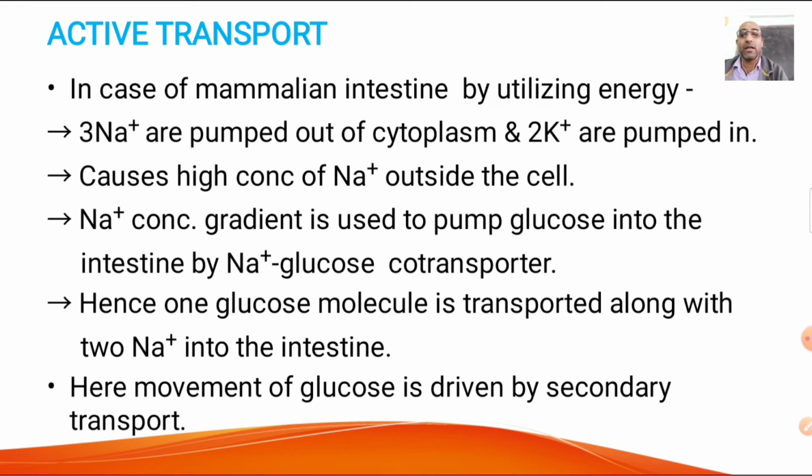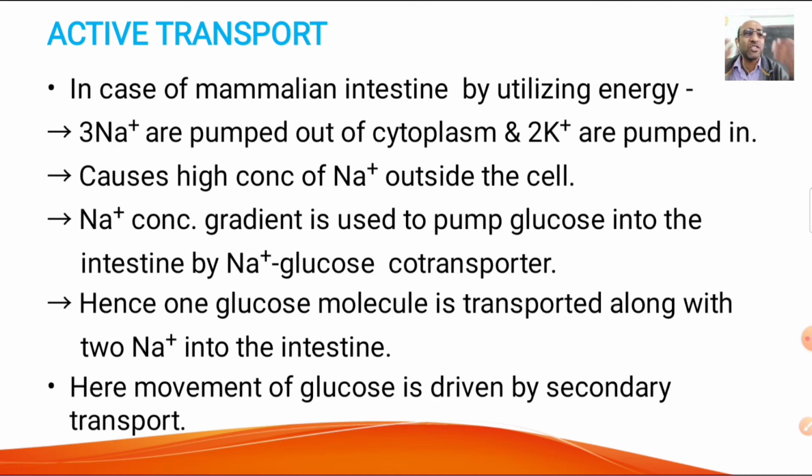Got it? So, in this particular example, we can say that the sodium potassium pump is an example of primary active transport, whereas the movement of glucose into the intestine through sodium glucose co-transporter is an example of secondary active transport.